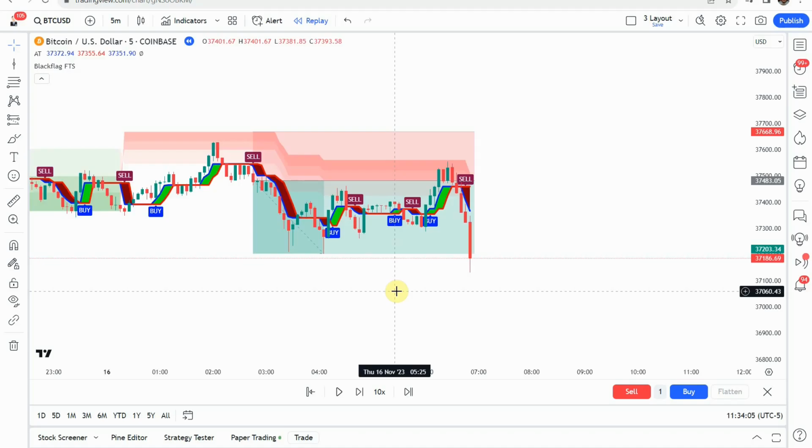With commissions and stuff like that, which we didn't even calculate into this, it tends to be really tricky to get some decent rewards. And so I think bumping it up to a higher time frame and playing around with it a little bit more, maybe doing a 1 to 2 risk reward and seeing how that played out, probably could have gotten a little bit better results out of this.